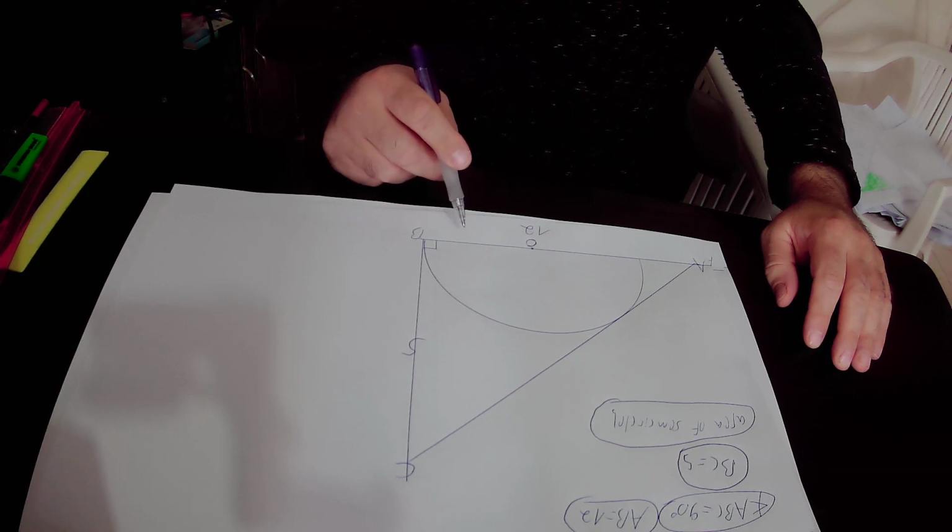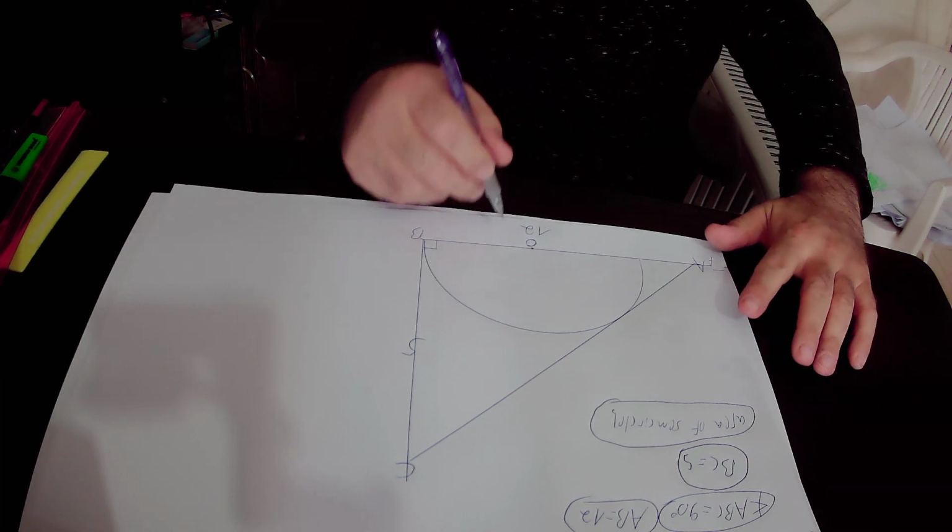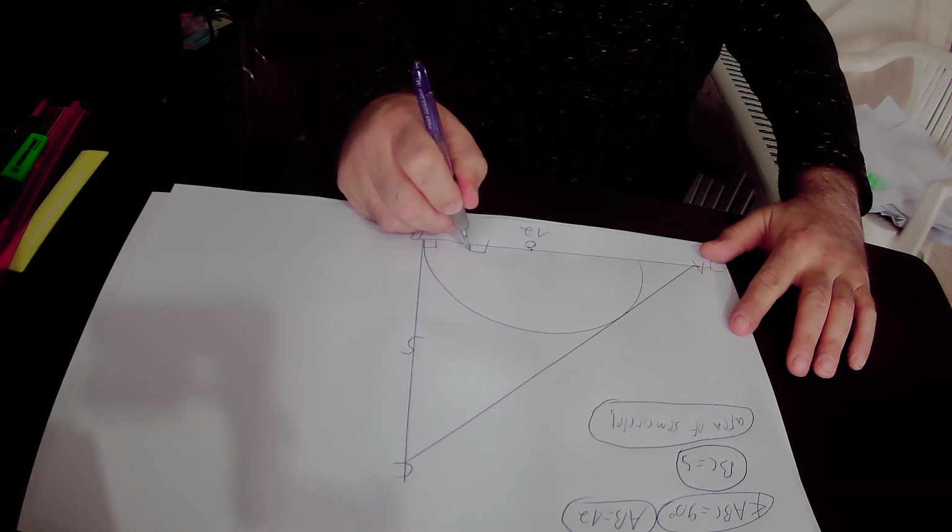Therefore OB is the radius, and we will define the radius of the semicircle as R. Therefore OB will be equal to R.